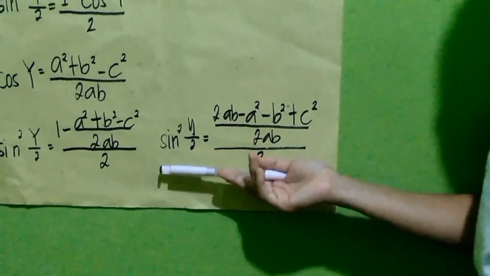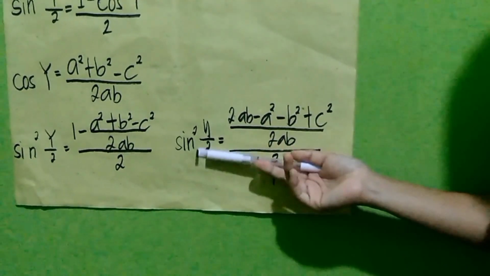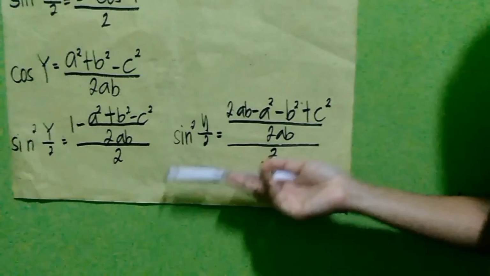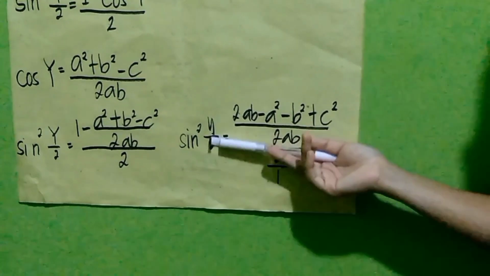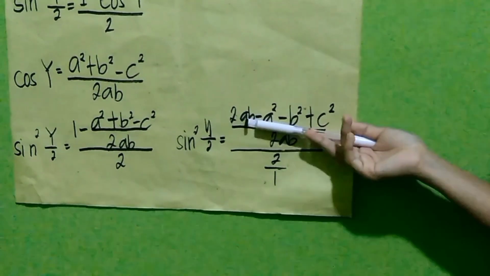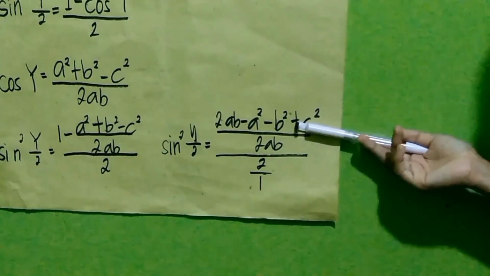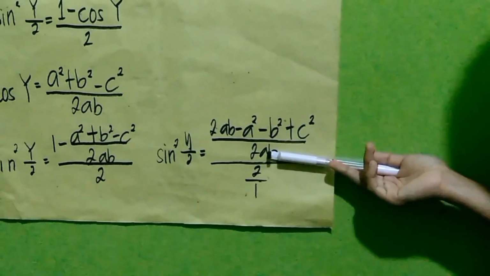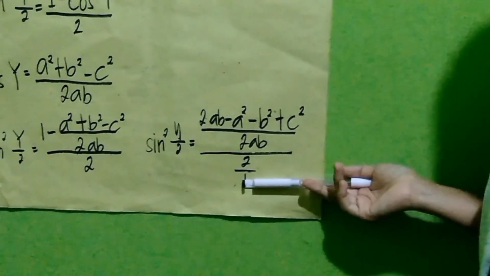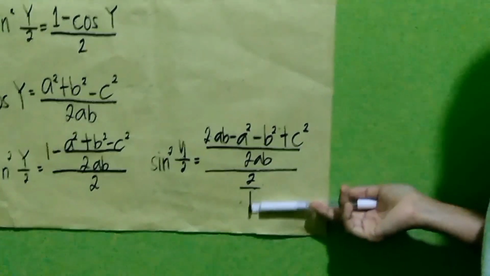Then we apply cross multiplication to remove the 1. So sine squared gamma over 2 equals (2ab minus a squared minus b squared plus c squared over 2ab) over 2 over 1.